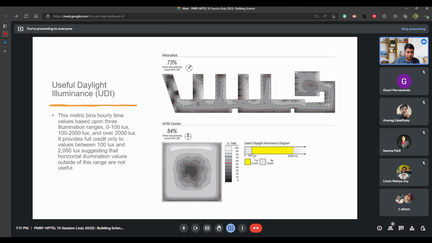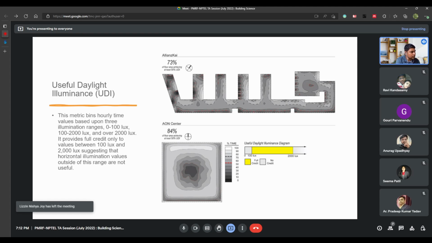Daylight is so dynamic, it varies throughout the day. You set a range between 100 to 2000 lux, and using this range you find out how much percentage of floor area is achieving at least 50% of that daylight illuminance.